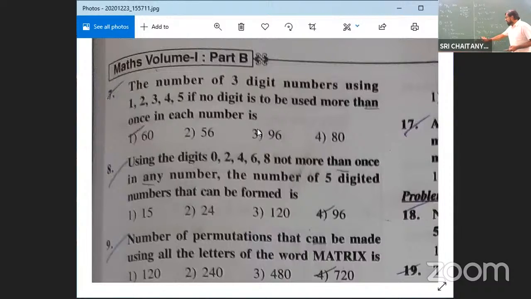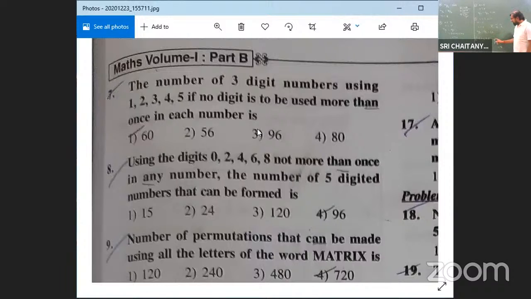Now one digit is gone, therefore there will be 4 places and 4 digits. You can fill this in 4 ways, 3 ways, 2 ways, 1 way. So 4 into 24 is equal to 96 ways. I am repeating this again. In a 5-digit number, the first place should not be filled with 0.